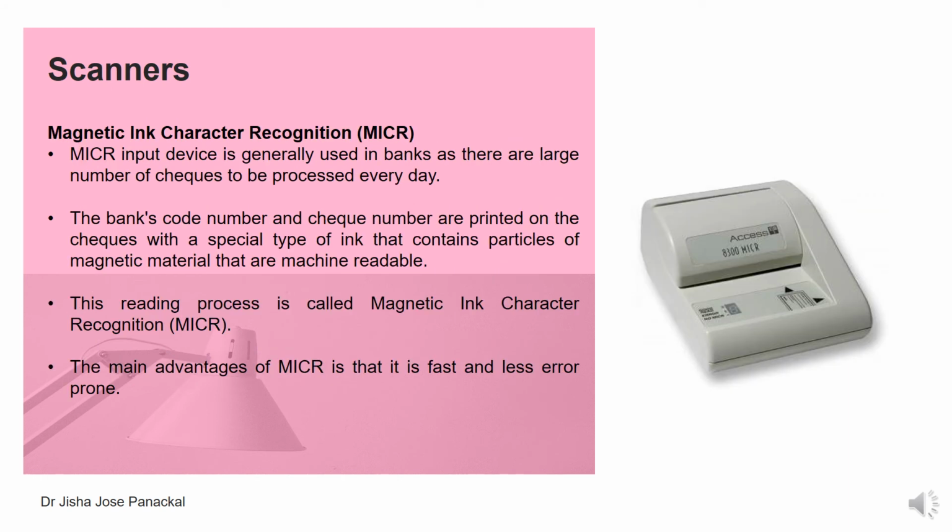The next one is magnetic ink character recognition, that is MICR. This type of input device is generally used in banks as there is a large number of checks to be processed every day. The bank's code number and check number are printed on the checks with a special type of ink that contains particles of magnetic material that are machine readable.